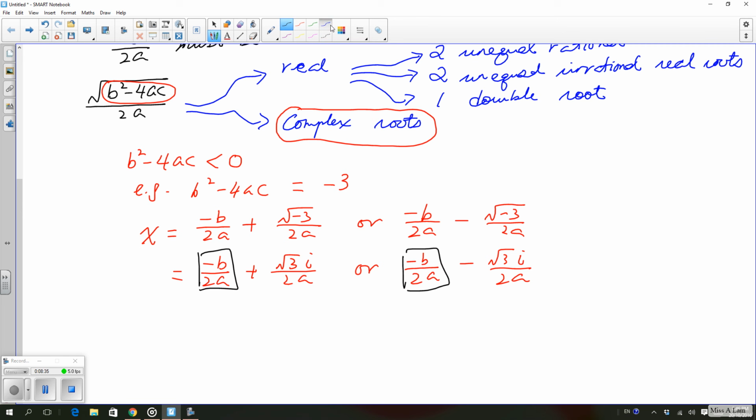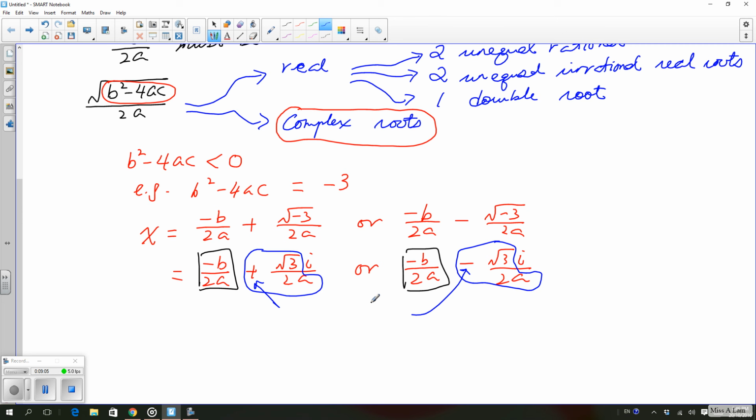But if we look at the imaginary part, they are similar, not the same, because both of them are root 3 over 2a, but one is positive here and the other one is negative.